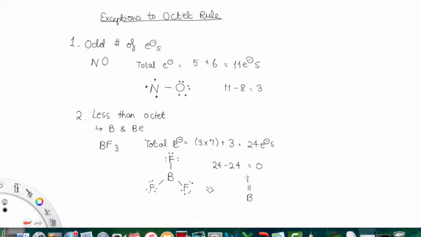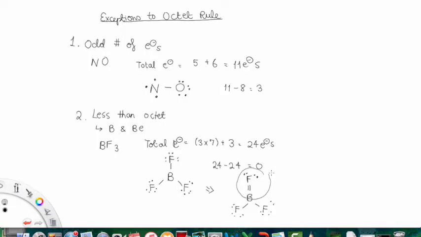B, F, F, F, and now it looks like this. So now the central boron has an octet, right? However, in this structure with a double bond, the fluorine atom is now sharing extra electrons with the boron. So right here. And so the fluorine would have a partial positive charge, and the boron would have a partial negative charge because of this sharing.